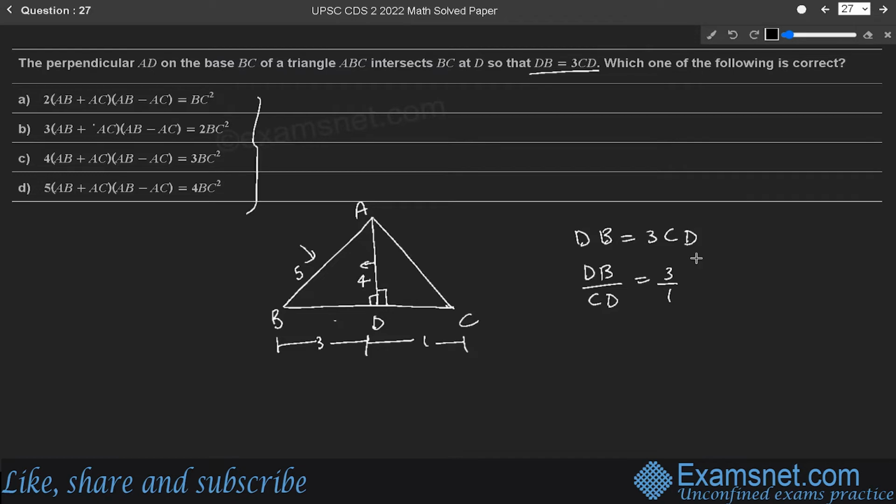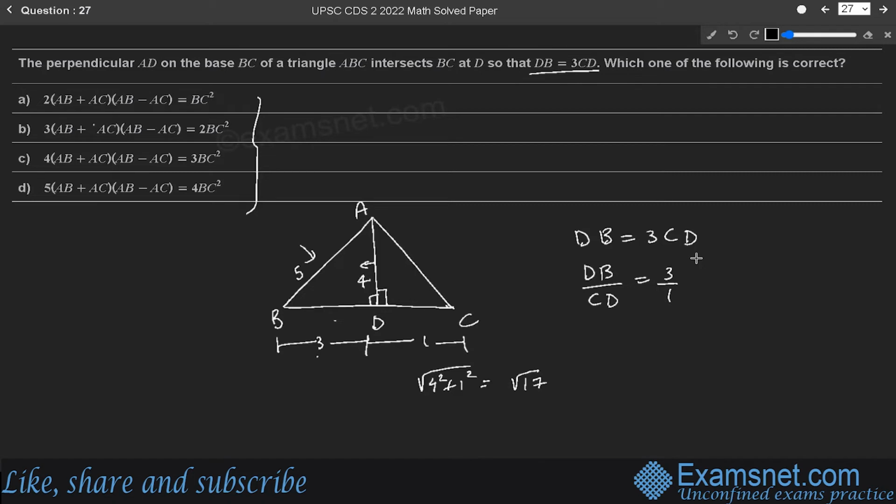So you can take any values because we know that there is right angle triangle. So triplets will be there. So I have taken here 4. So if base is 3 and perpendicular is 4, then hypotenuse will be 5 by Pythagoras theorem. Similarly, by looking at the triangle ADC, base is 1 and perpendicular is 4. So hypotenuse will be under root of 4 square plus 1 square, which will be equal to under root of 17.